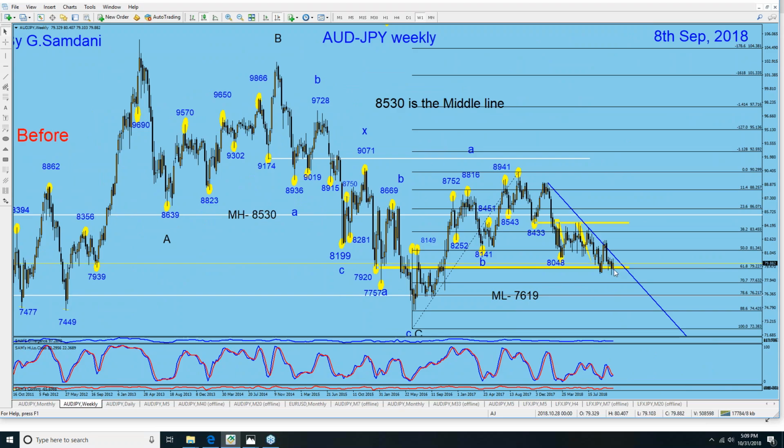Okay, this is where we are bouncing from here, and right above this line we have a TL. Now we can move this TL to this area here. That would be the TL, and again, if Aussie bounced from there and GBP/AUD failed, then we can go to the upside.